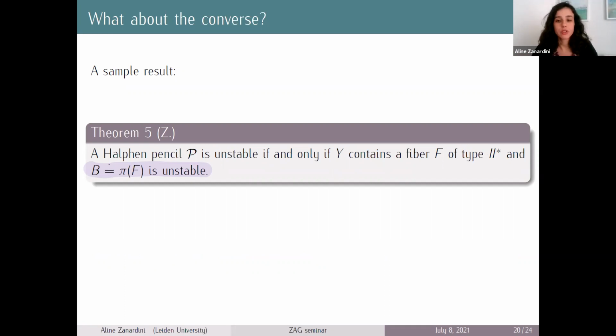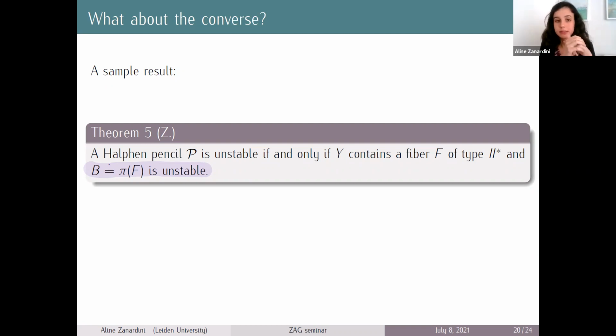So one can show that a Halphen pencil of index 2 is unstable if and only if the corresponding surface contains a fiber of type II star, and moreover, the curve that corresponds to it is unstable.